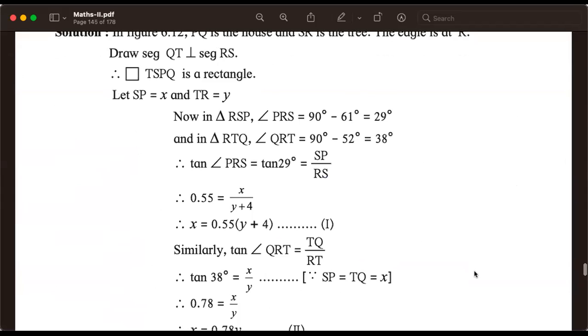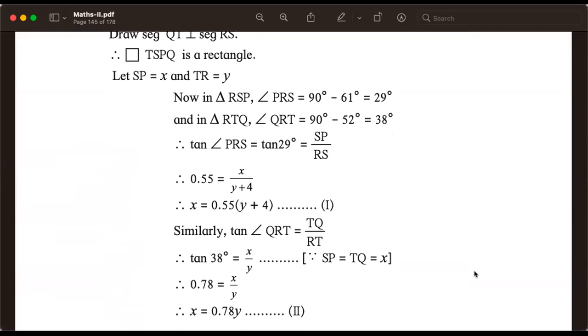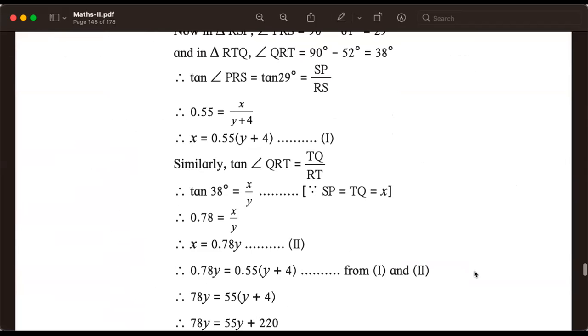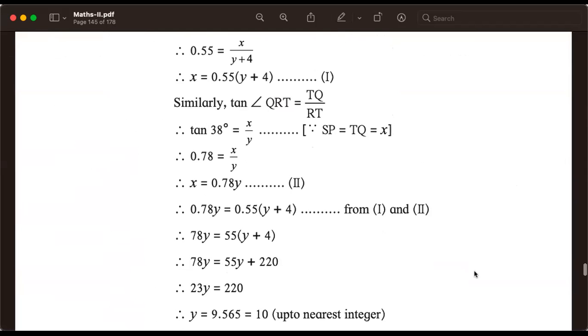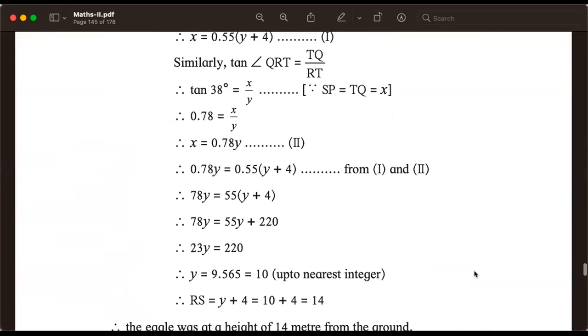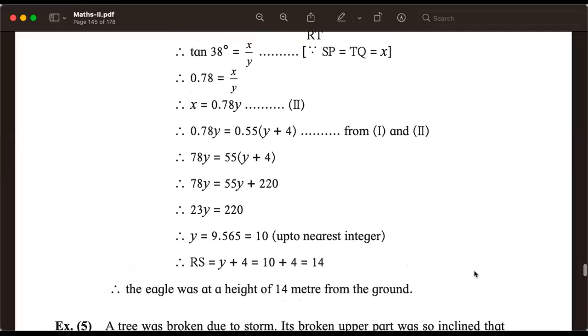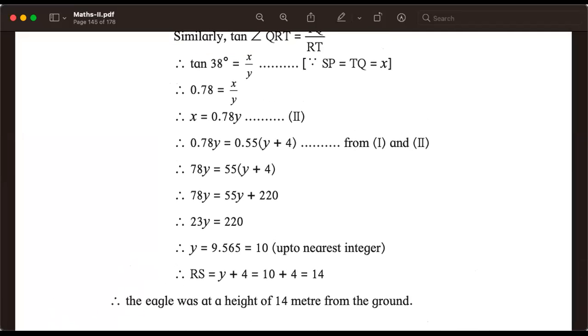We used complementary angles to solve it. Simple. Look at the solution in your textbook. Ask me if you have a doubt. If it is clear, show me a thumbs up. If you have a doubt, ask by raising your hand. Tell me where exactly your doubt is.